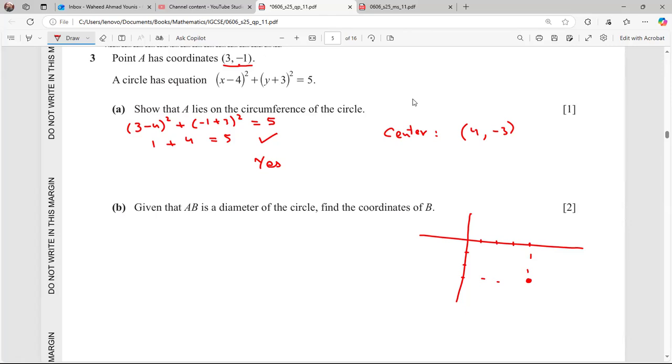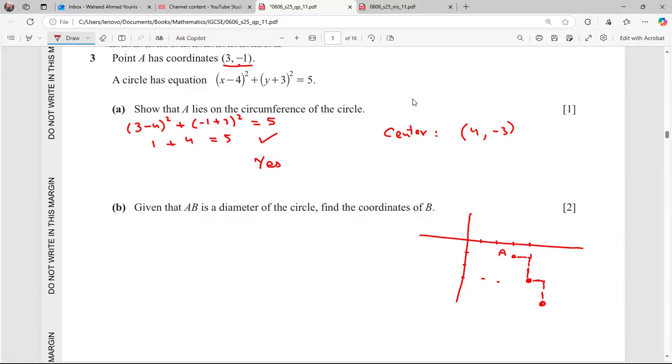And point A is 3, minus 1. So this is point A. You can see from here to here, we have to go 1 unit this way and 2 units this way. So if I'm talking about the diameter, it's again 1 unit here and 2 units here.